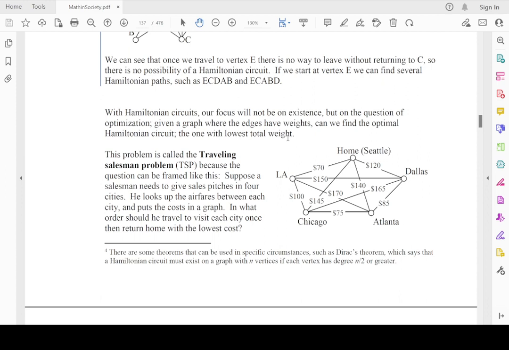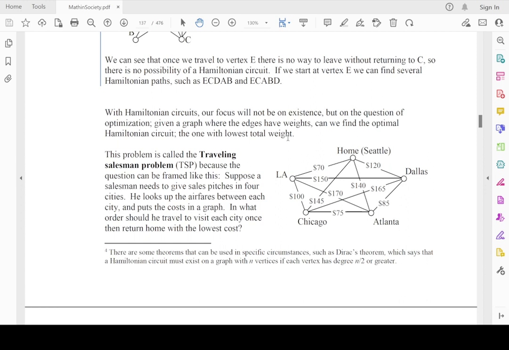Okay, so if you look here, we have what's known as the traveling salesman problem. Not necessarily related to salesmen, but let's say you have a job that requires you to visit different cities for whatever reason. You give talks, you go visit different job sites, whatever it may be. And you want to map out your circuit, where you travel to each location, but you also want to minimize the cost, let's say.